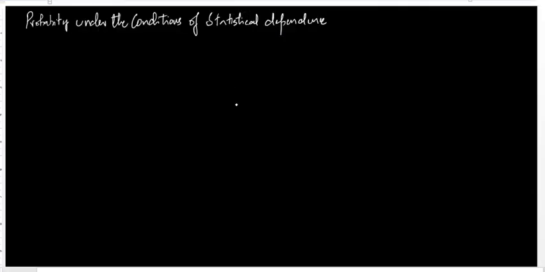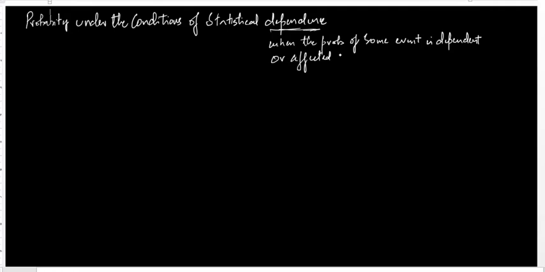We have already talked about statistical dependence, which means when the probability of some event is dependent on, or affected by, the occurrence of some other event.